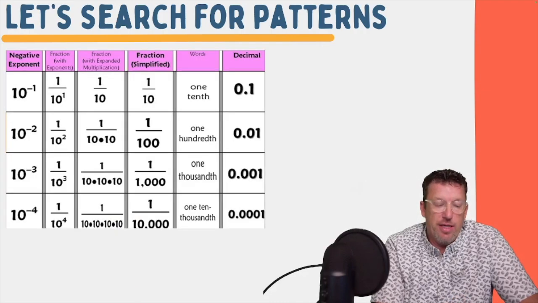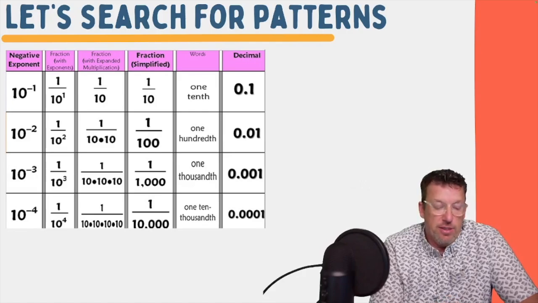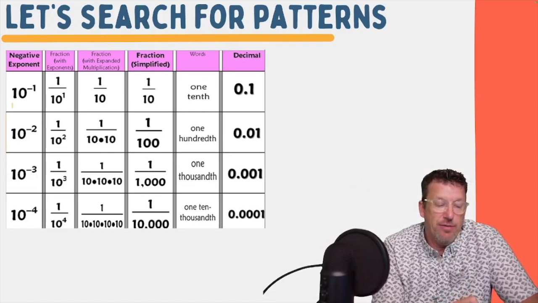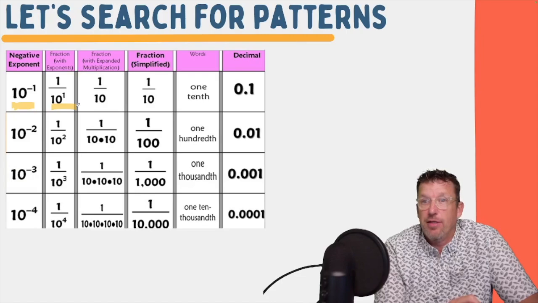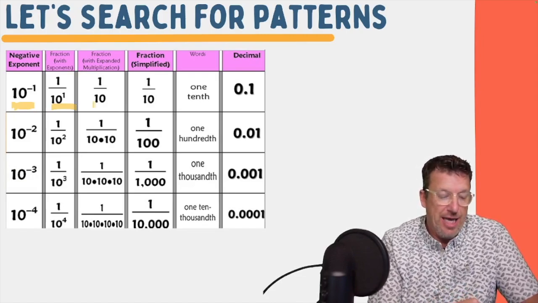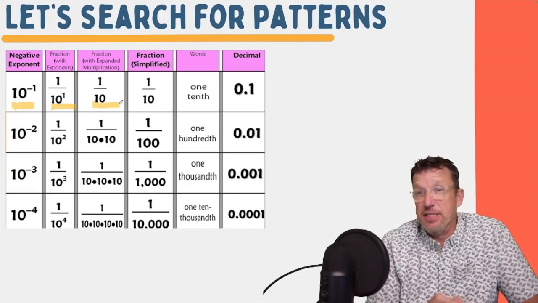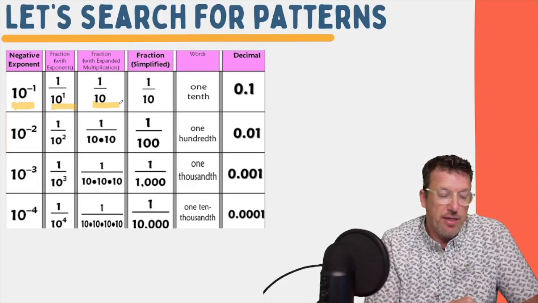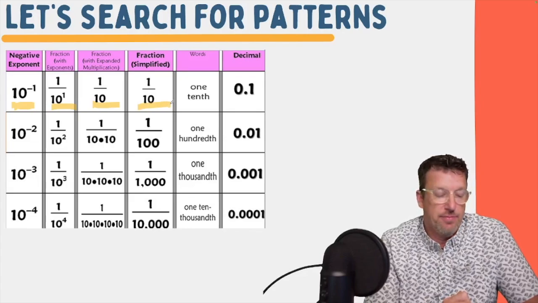You think there's one with negative integers? Well, let's take a look. When we have 10 to the negative 1, we just flip it over, the reciprocal, and that gives us 1 over 10 to the 1. What is 10 to the 1 equal? It's equal to 10, the easiest of the exponents. So we get our fraction, 1/10.